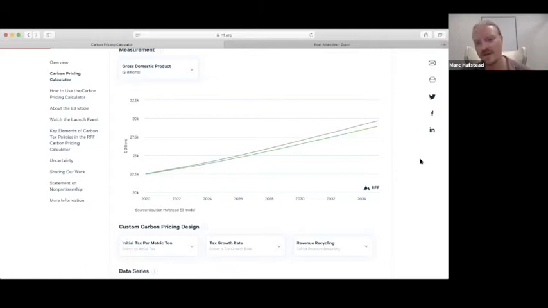We do show that even if you have corporate tax income rebates, we actually never find a policy that increases GDP relative to business as usual. So the model we use is always going to lower GDP as a result of a carbon pricing policy. So we don't find a double dividend.